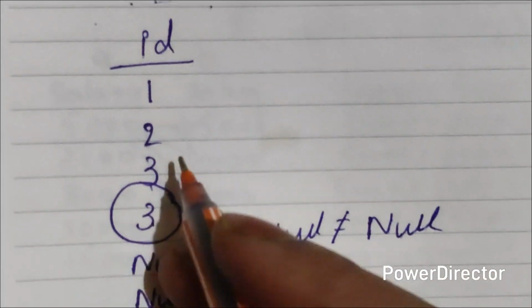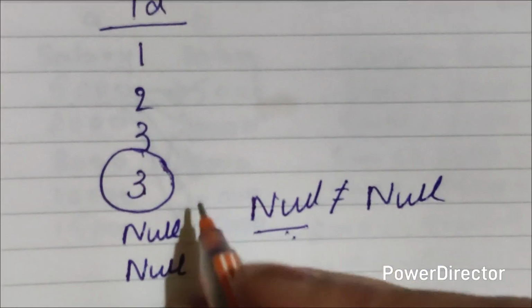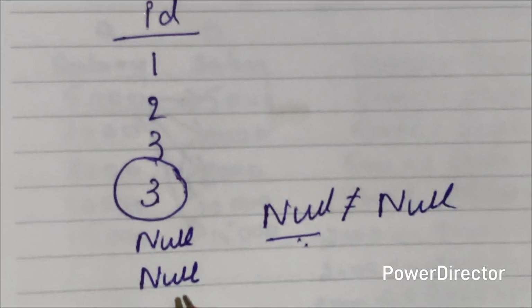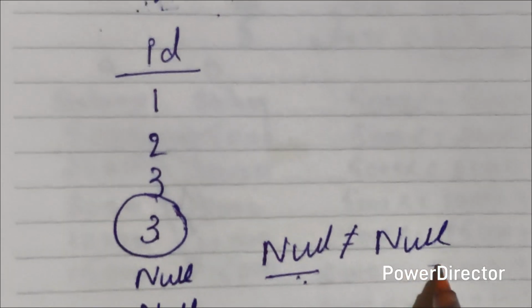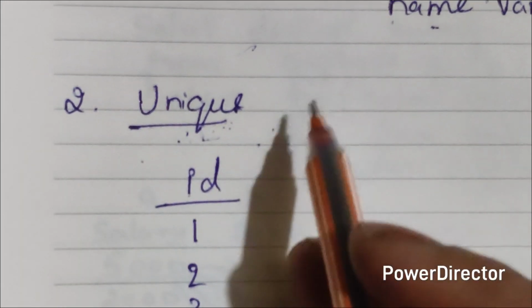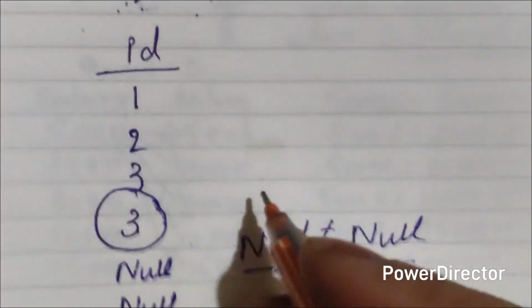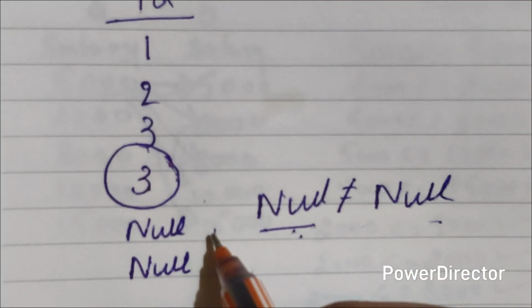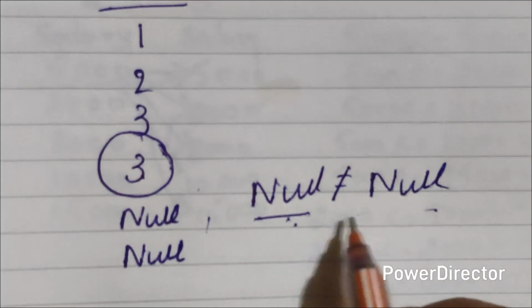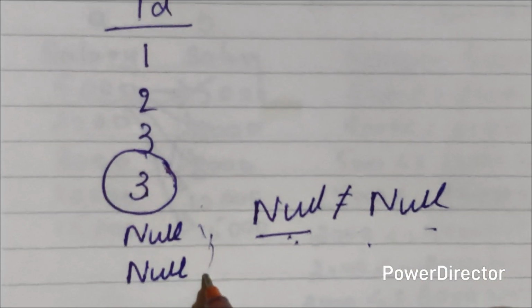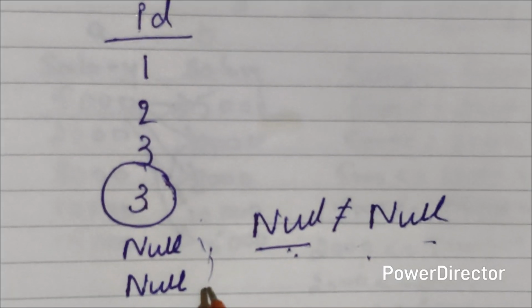So a column can have more than one null value, and multiple nulls can be inserted because null is not equal to null. Unique checks for the duplicate value, and here null is there two times, but this null is not the same as that null value. Null is not a duplicate value.